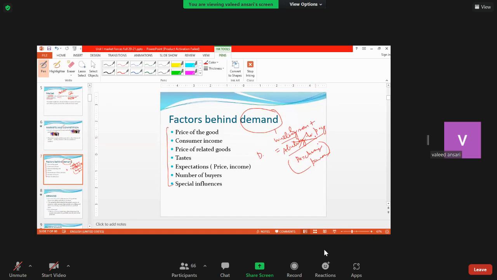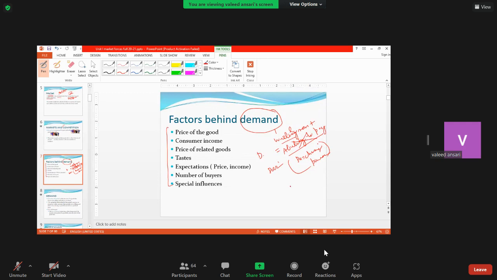If you conduct a survey and ask people whether they would like to purchase, probably they may show their intention, but they may not have the money. Poor people would like to buy something, but they may not have the money. So that is why they will be left out of the market. And in some cases, people may have the ability to pay.